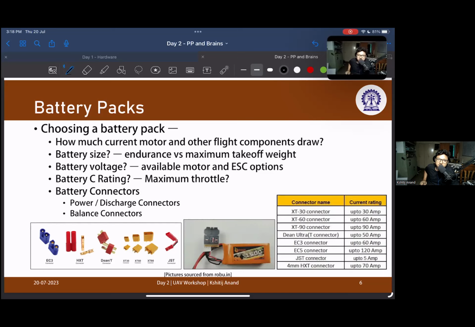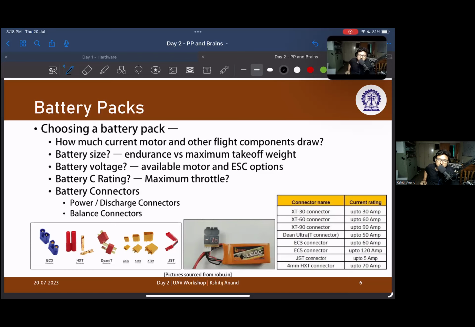Battery voltage has to be compatible with the available motor and the ESC options. The battery C rating is very, very important. You need to look at your motor and see how much current it draws at 100% throttle, because we rarely take fixed wing aircraft to 100% throttle a lot of times, though we take quadrotors to 100% throttle a lot.